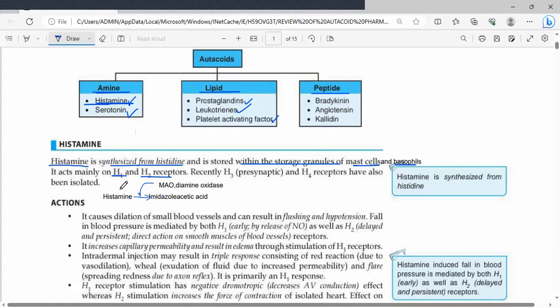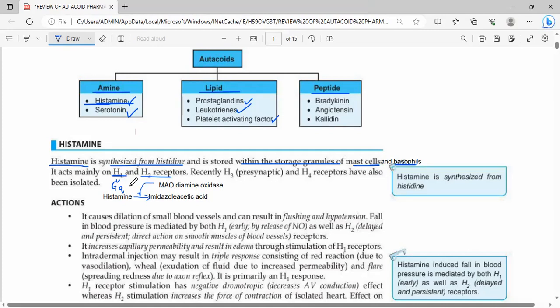H1 receptors are found in the smooth muscles, the endothelium, and the brain, and it is GQ coupled. What do I mean by GQ coupled? Its activation will result in the cleavage of phosphatidylinositol to liberate inositol triphosphate, which acts on the smooth endoplasmic reticulum to release calcium.